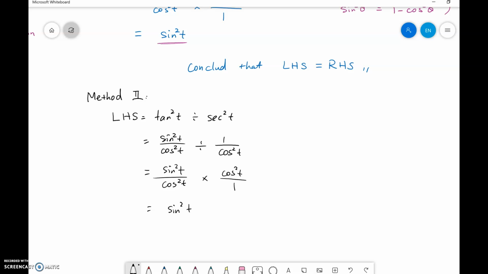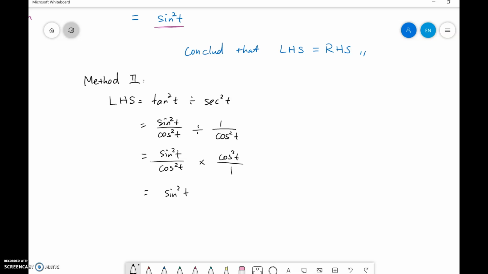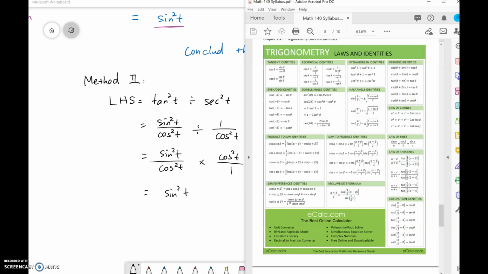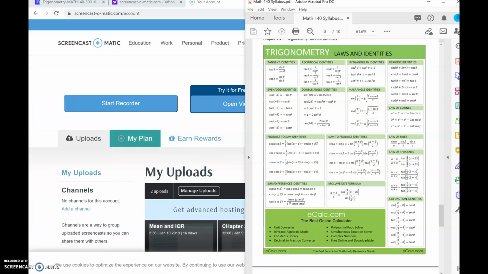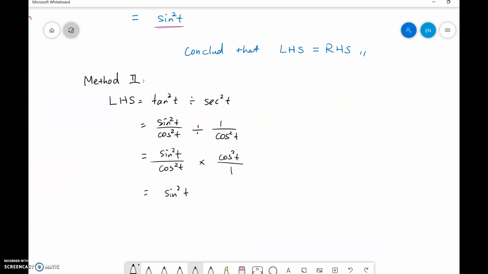the method 1 on the left hand side. Once I have the left hand side and end up with sine squared t, you can continue. It will require you to know those formulas or identities very well. We're going to use the same identity: sine squared theta plus cosine squared theta equals 1.